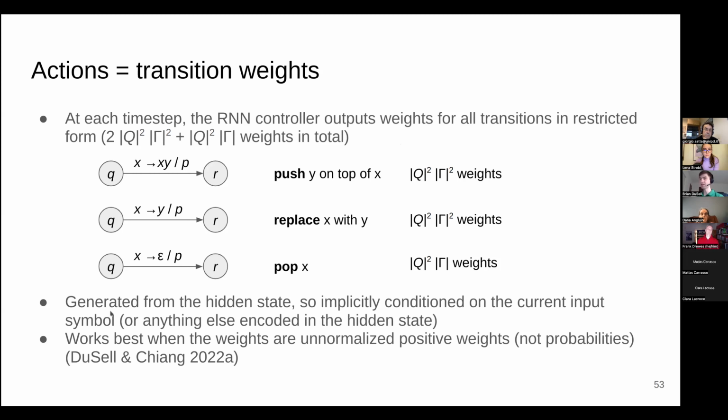Note that these transitions are generated from the hidden state, so they are implicitly conditioned on the current input symbol. That's why I didn't write an input symbol in these transitions here. But the weights can also depend on anything else that's encoded in the hidden state, including previous inputs or previous stack readings. Another quick note is that we found that this works best when the weights are unnormalized positive weights, not probabilities.